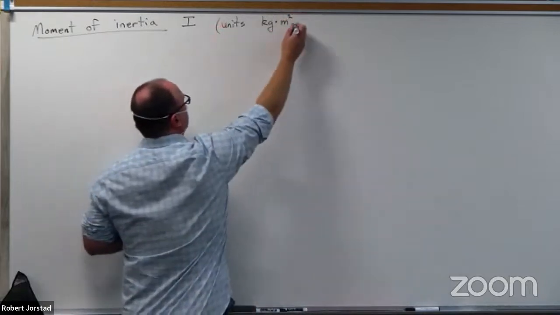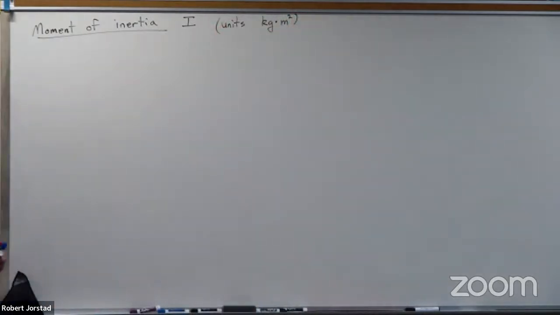All right? So this is obviously different than mass. It's somehow equivalent to mass, and to make the units work out, we need these extra meters squared in there somehow.